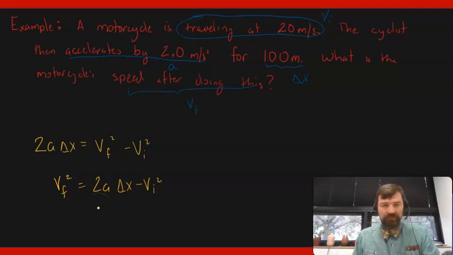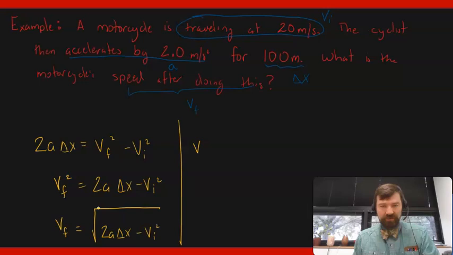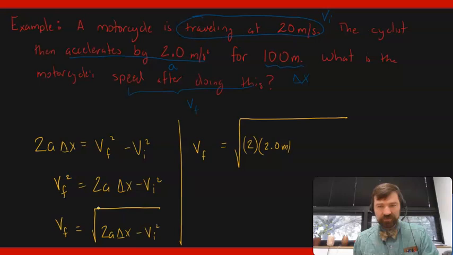Or in other words, v final is the square root of 2 times acceleration times distance plus v initial squared. So if I'm going to plug numbers in, I have 2 times the acceleration, which was 2.0 meters per second squared, times the distance, which is 100 meters.